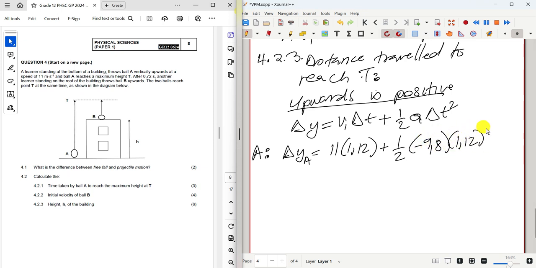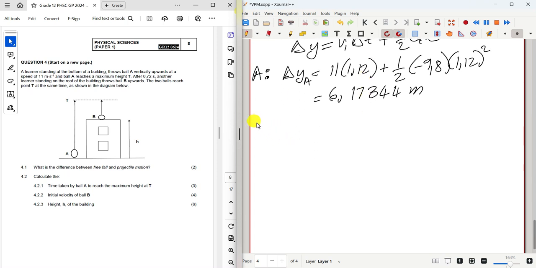Again, the time is 1.12 squared. So 11 times 1.12 minus 4.9 times 1.12 squared. What do we get? We get 6.17344. I think I can leave it as that, meters.